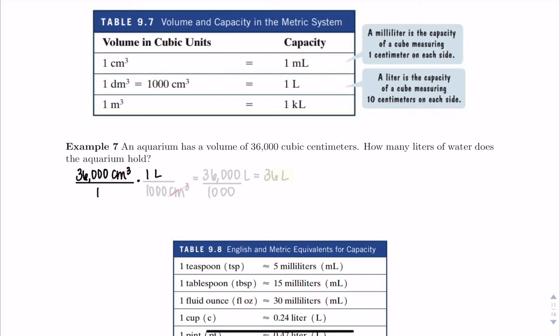So 1 liter will go on top, and 1,000 cubic centimeters will go on the bottom. The cubic centimeters end up canceling, and we get 36,000 with our liter on the top divided by 1,000, and so we end up with 36 liters.